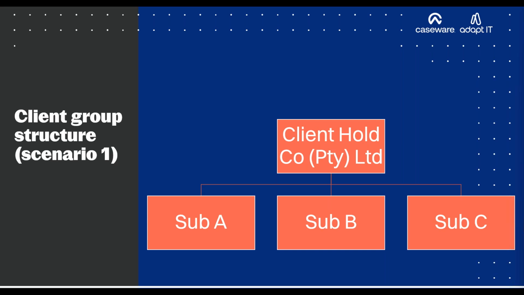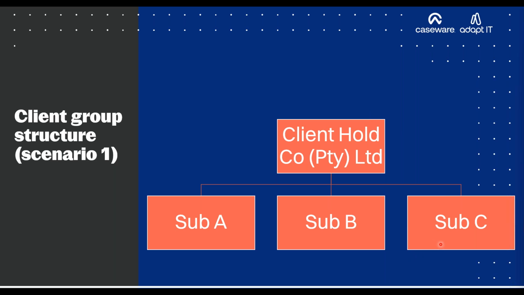Yes, so for the first scenario, we had the audit opinions, sorry, let me get my laser pointer, for the client holdco, individual entity, sub A, sub B, and sub C, if they are all 3 entities and all 3 of them are audited. And then the whole group also being a 5th audit opinion. That's what I'd call the ISA 600 group audit opinion.